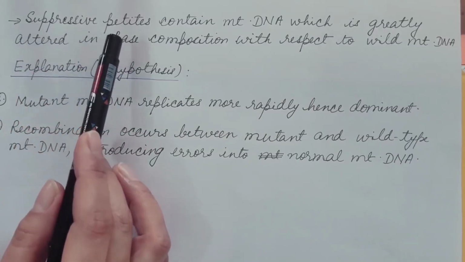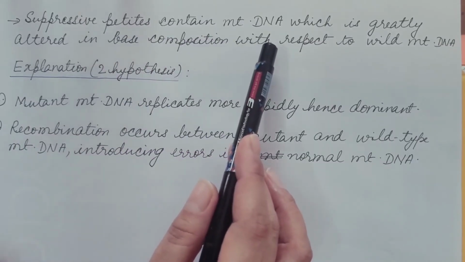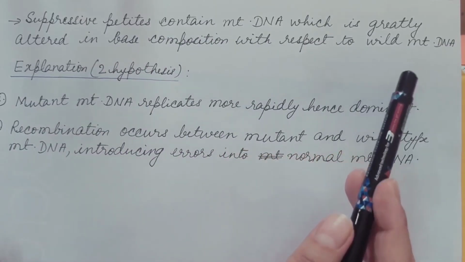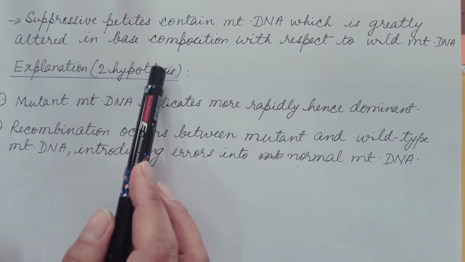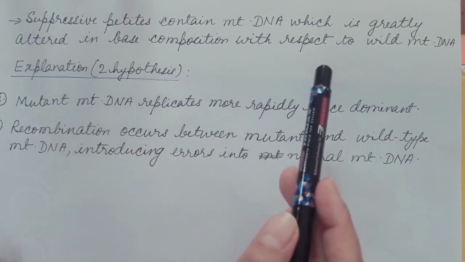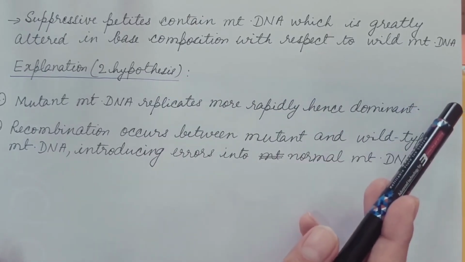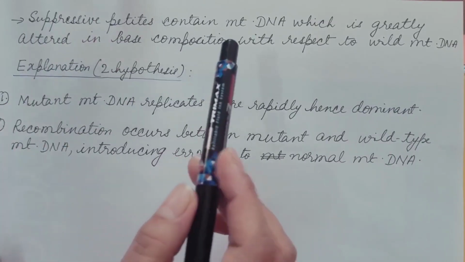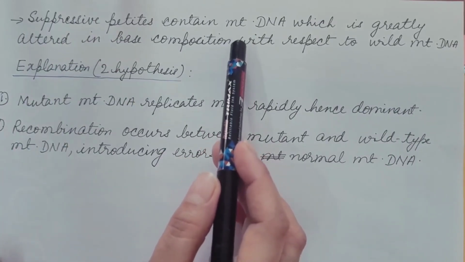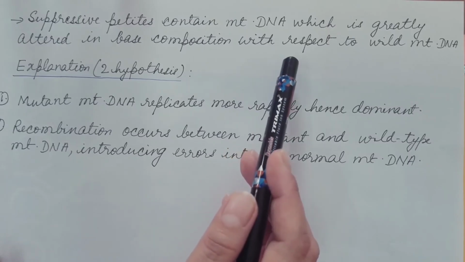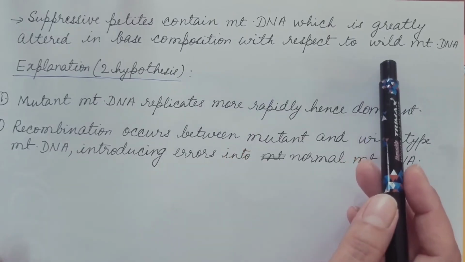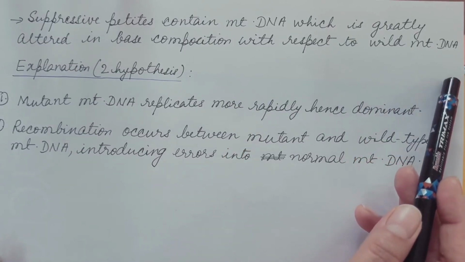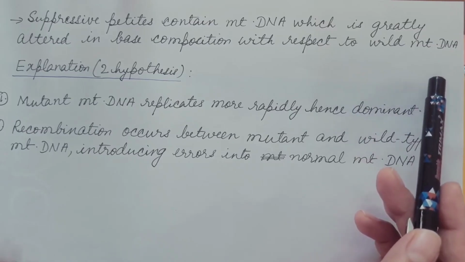Suppressive peptides contain mitochondrial DNA, which is greatly altered in base composition compared to the wild mitochondrial DNA. Hence, these suppressive peptides contain mutated mitochondrial DNA, while the normal ones contain the normal mitochondrial DNA, which is also known as wild type.